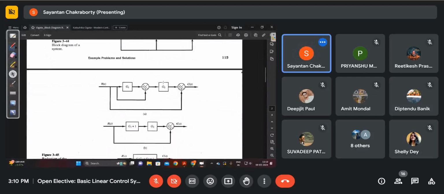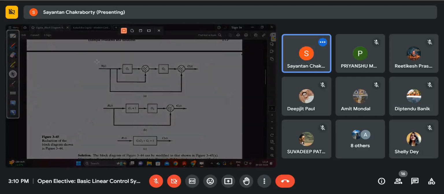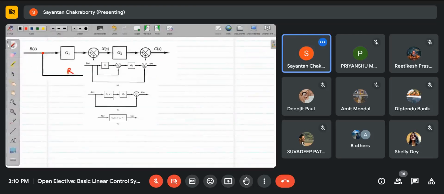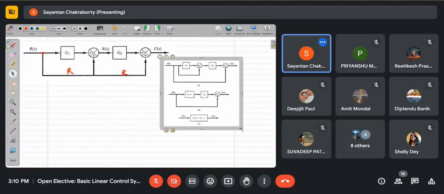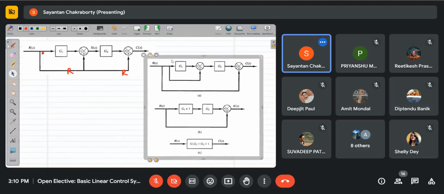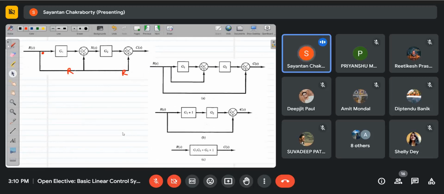So if you reduce this, something like this. Since I'm taking the same value R to the different inputs, I take this to this, and this to this, with R. Obviously, I can do that.